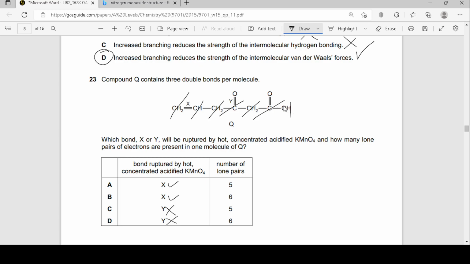Oxygen here is bonded to two things, which means it has 2 lone pairs, because oxygen has 6 valence electrons. If it's bonded to 2 things, you have 4 electrons left, which means 2 lone pairs. Again here it's bonded by 2 bonds, so 2 lone pairs, and over here again 2 lone pairs. So that's 1, 2, 3, 4, 5, 6 lone pairs. So my answer, where there are 2 ticks, is B.